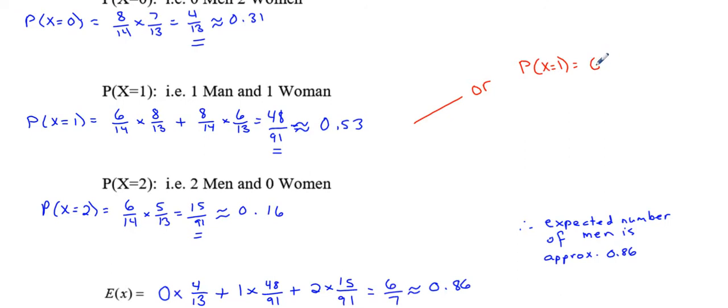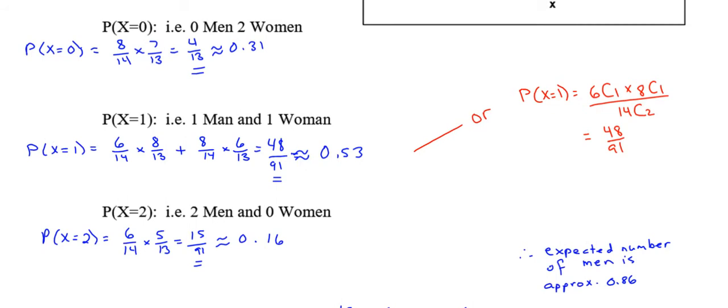There were 6 men, we're going to choose 1, and 8 women, we're going to choose 1, out of a total of 14 people, and we're going to choose 2. When you work that out in lowest terms, that works out to 48/91.